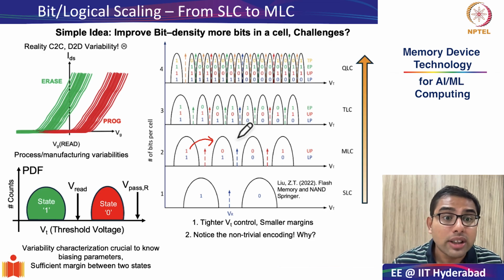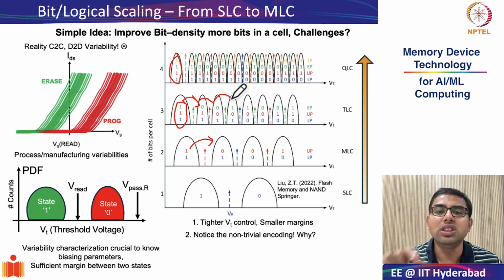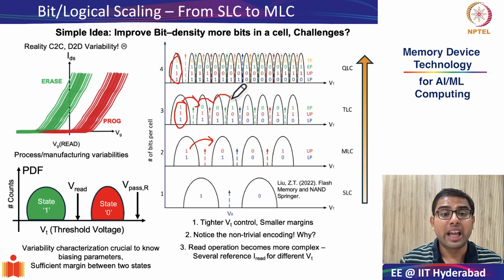This is very important to note, and that is why even in TLC and QLC, when you go from one state to the neighboring state, there is only a Hamming distance of 1.